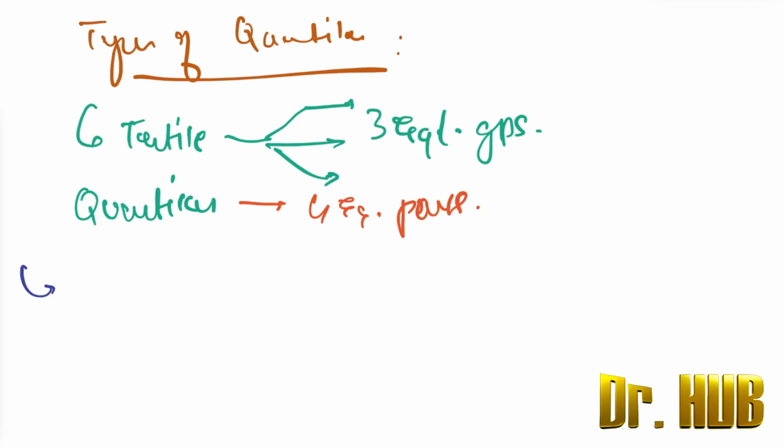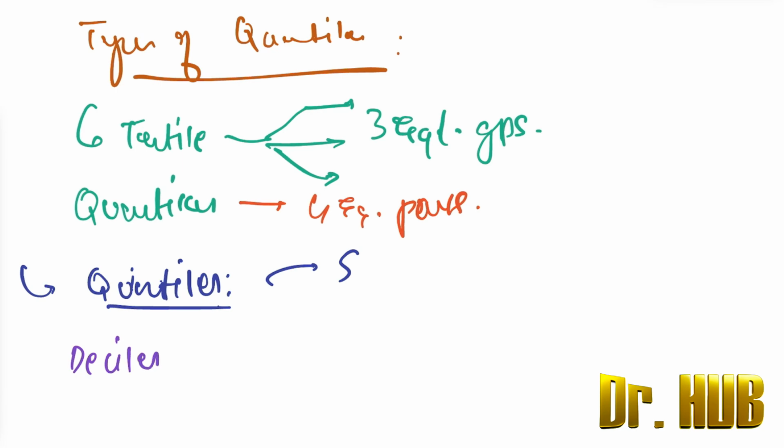Then come the quintiles, which divide the distribution into five. Then come deciles, which divide it into 10 equal parts.